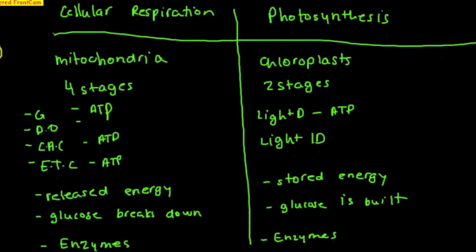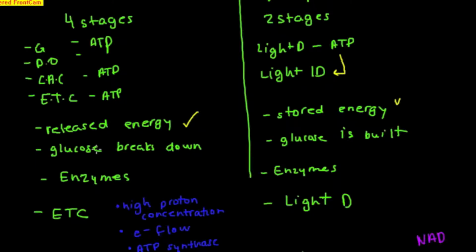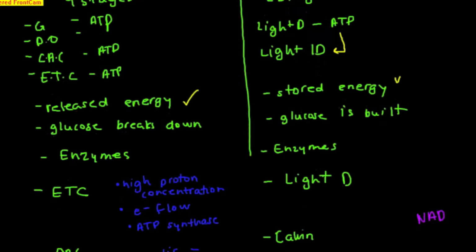Although ATP is formed in both, cellular respiration is using this ATP for other body processes, or releasing the energy, while the light-dependent reaction that creates the ATP is having the ATP go straight to the light-independent. This can go hand in hand, as you can see glucose is being broken down in cellular respiration, and glucose is being built up in photosynthesis.